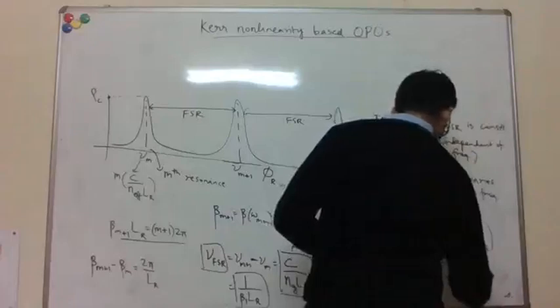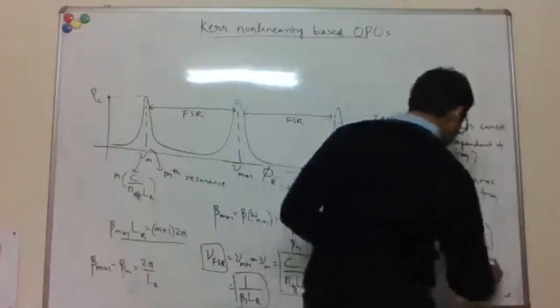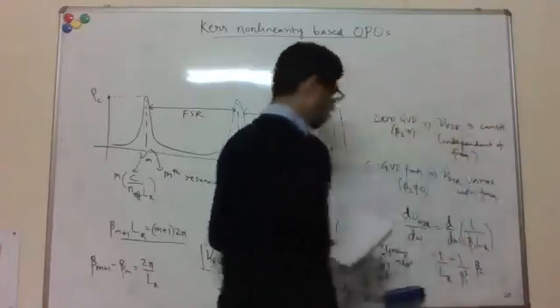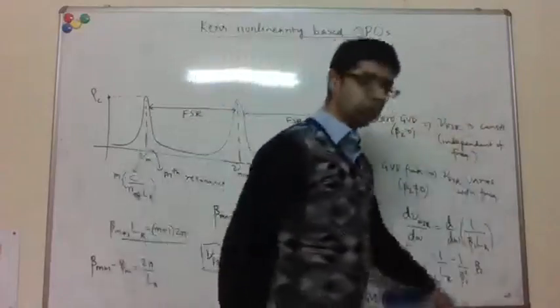So I get minus 1 over beta 1 squared and then d beta 1 by d omega, which is beta 2.